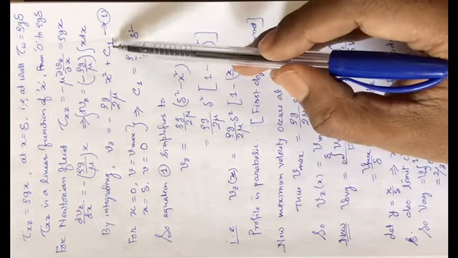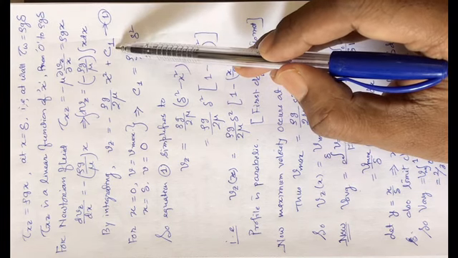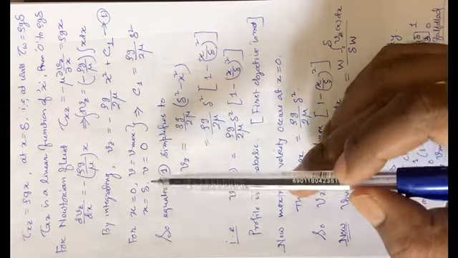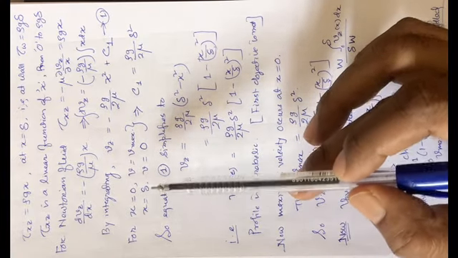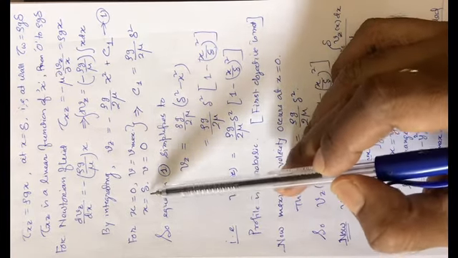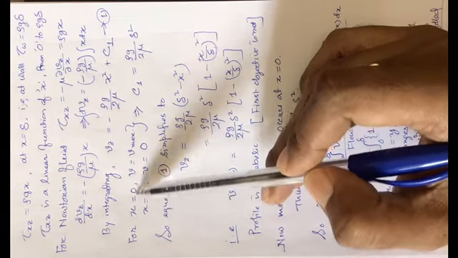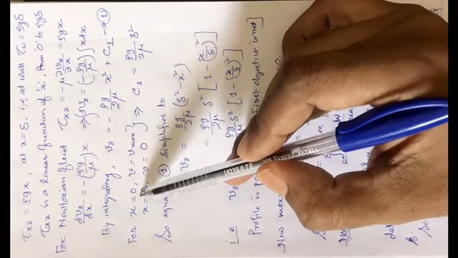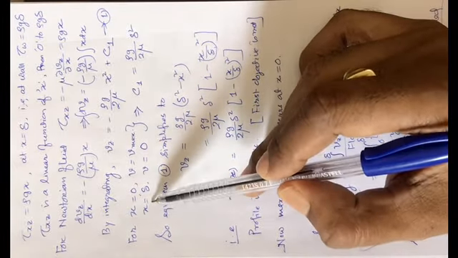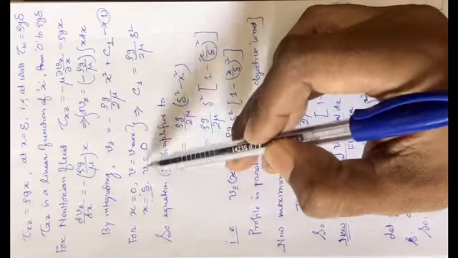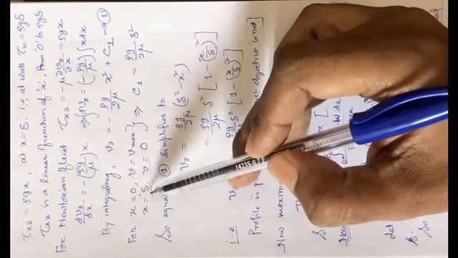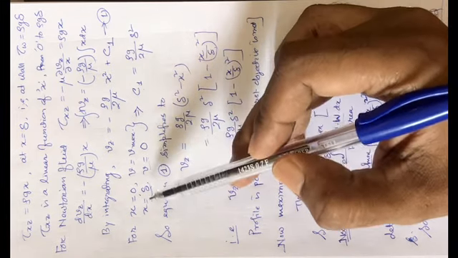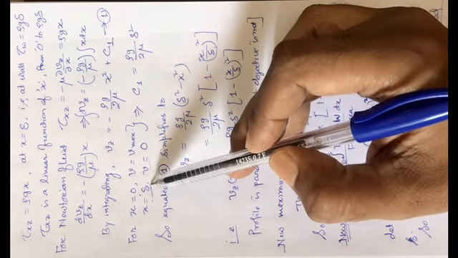Now we have to eliminate this constant of integration. For eliminating this C1, we apply the condition that V is equal to 0 when x is equal to the thickness.